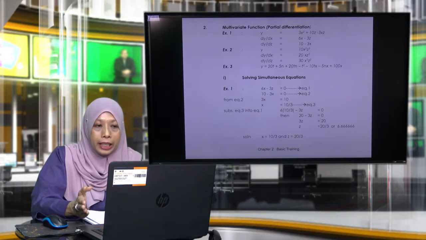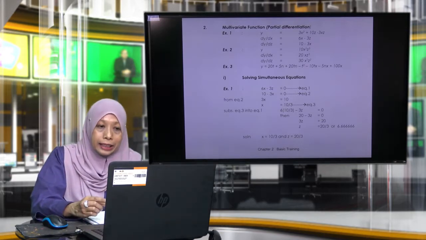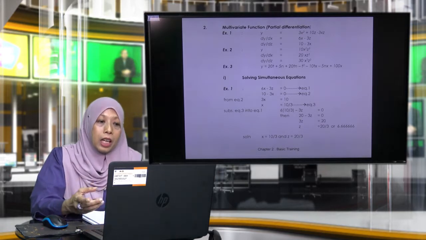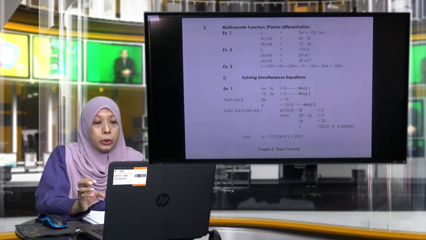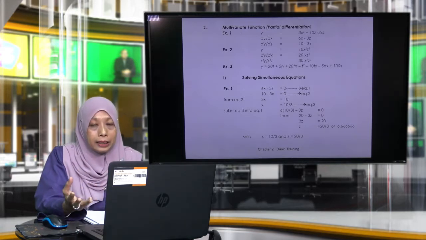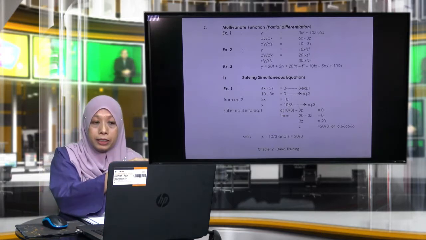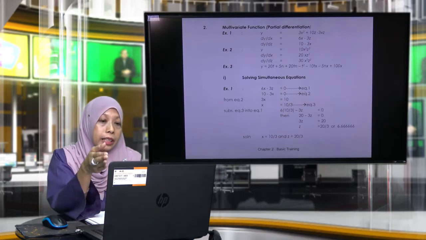Now once you are done with differentiating the function with respect to x, the next thing is you need to differentiate the function with respect to z. When you differentiate the function with respect to z, you need to assume x as a constant. So now they switch roles. Just now, you were differentiating the function with respect to x, and you were assuming that z is a constant.